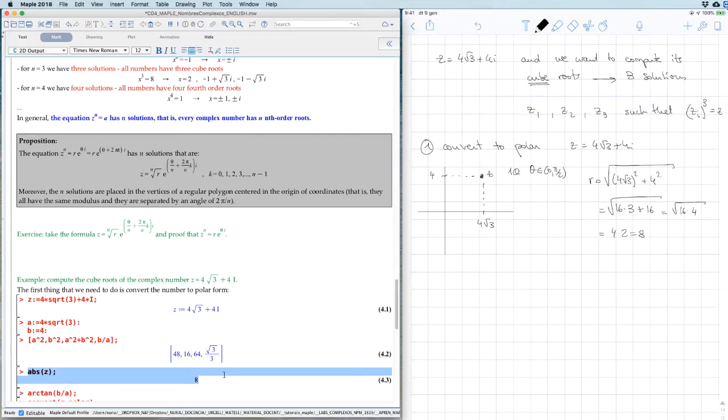Okay, now the argument is going to be the arctangent of the imaginary part 4 divided by 4 square root of 3. Okay, in this case this is fine because we are in the first quadrant, so we don't have to add or subtract pi. So what we get is the arctangent of 1 over square root of 3.